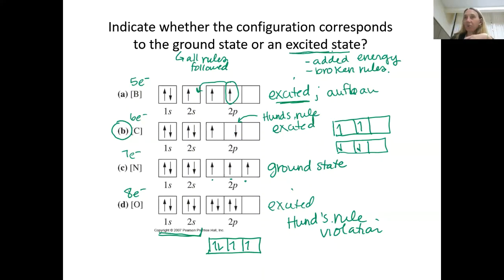It just has a little bit of extra energy in there. The ground state is everything at the very lowest energy possible, but when those electrons flip, I need to add energy in order for it to happen. Same thing here: because it violates the rule, it can happen, it just means that energy has been added to that atom.